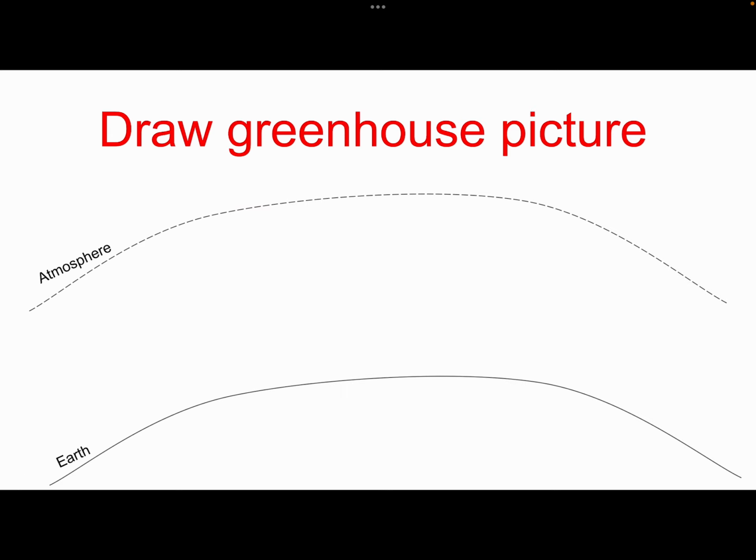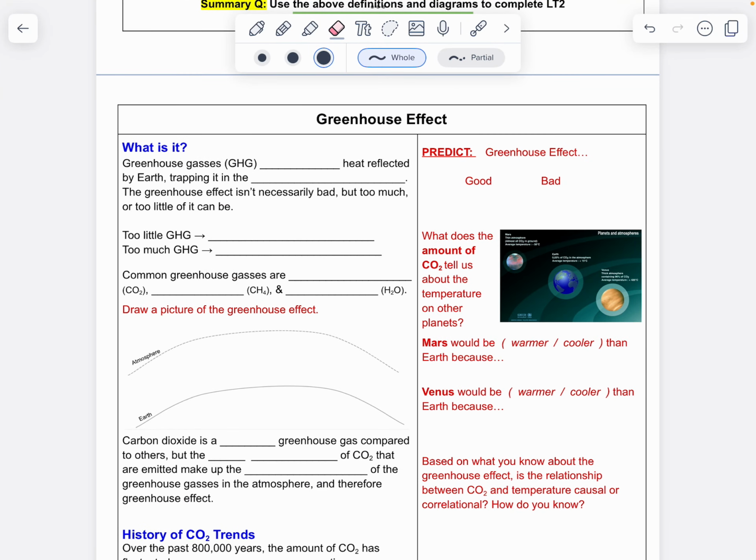Okay, so if we were to draw the greenhouse effect, what it looks like, I'm going to just draw a little sun up here. Okay, and what happens is the sunlight comes in, it hits the Earth's surface, and then it gets reflected back towards space.